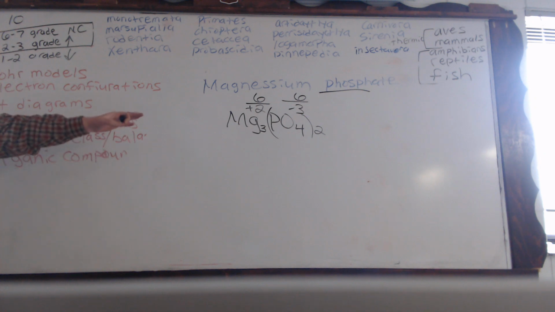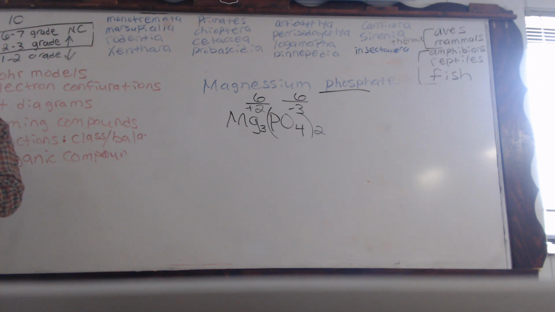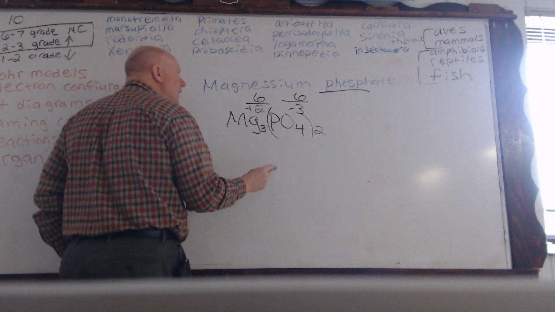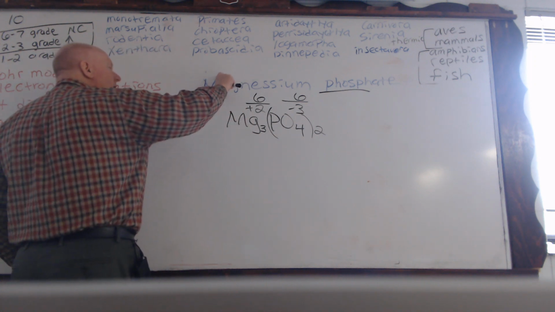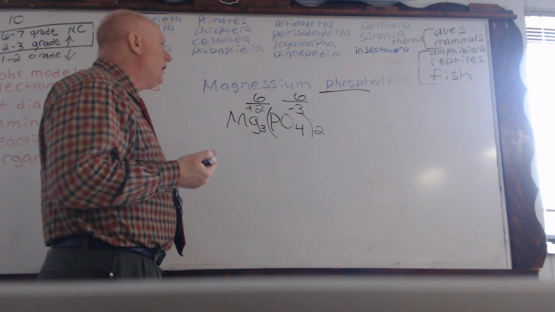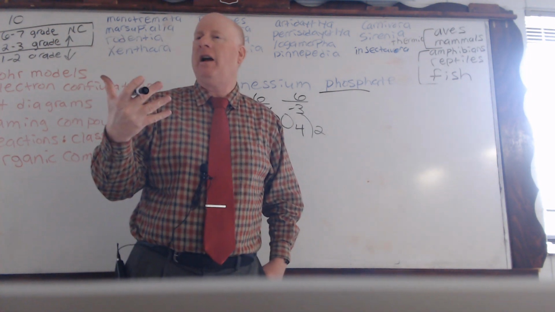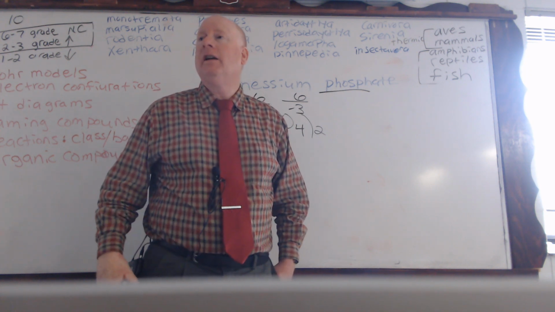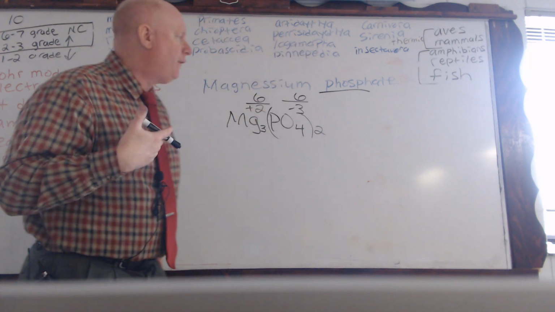Not recently, but probably for the better part of late February into middle of March or end of March, because by the time the end of March rolled around, we started balancing chemical reactions, which was still part of that content, because you might be reacting magnesium phosphate with a separate compound or a separate element in a single replacement reaction. So it's something that we never really forgot, because we continually reinforce this material.